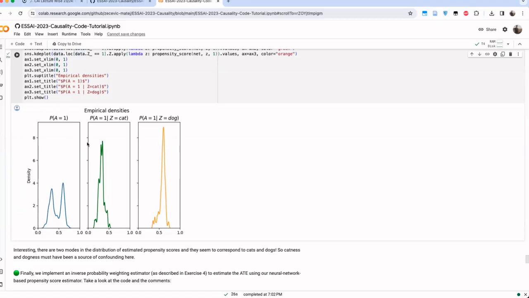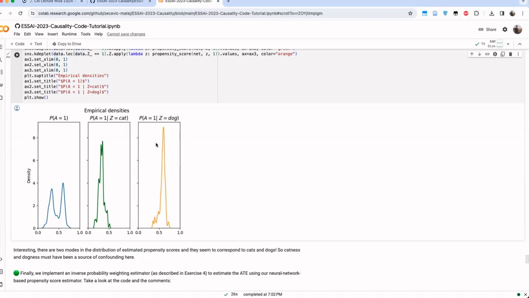And now what we're doing on the right-hand side is dissecting this. We know that some of these animals are cats and some of them are dogs, right? And so we have a hunch that maybe it could have something to do with this. So now if we look at the middle plot, we are conditioning on the fact that we just look at cat images, right? So we know which ones are cats, and now look at the probability of it being treated if it was a cat.